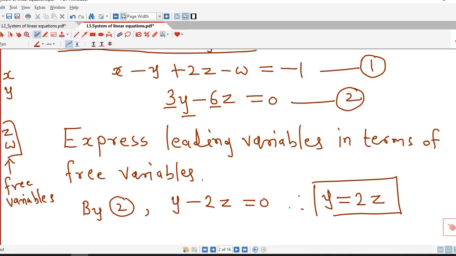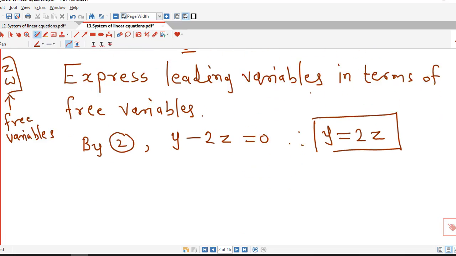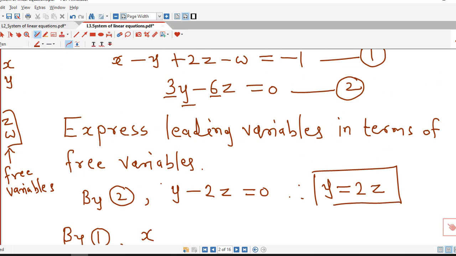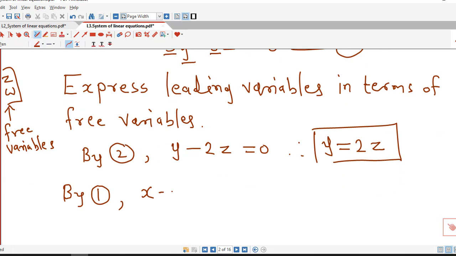Similarly, we have to express the leading variable in equation 1 in terms of free variables. Before that we will put y equal to 2z in equation 1. So in equation 1 we have x minus y, and y we replace by 2z.